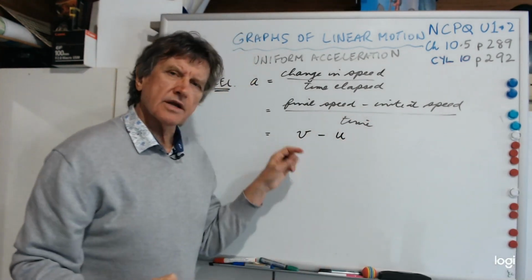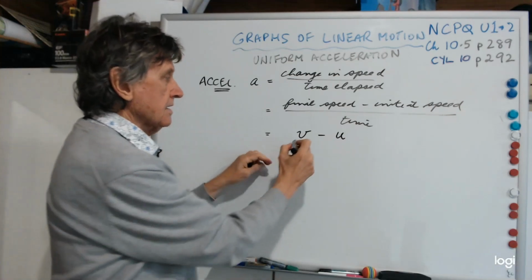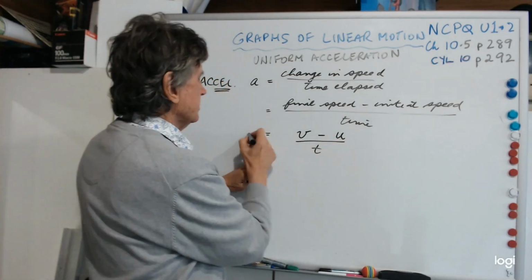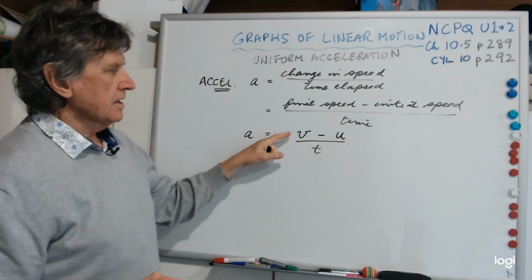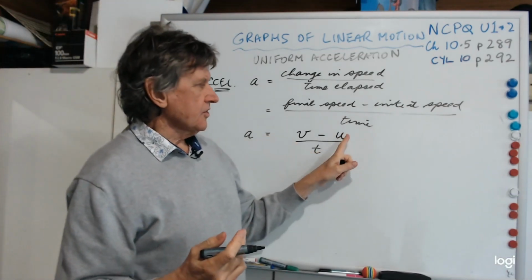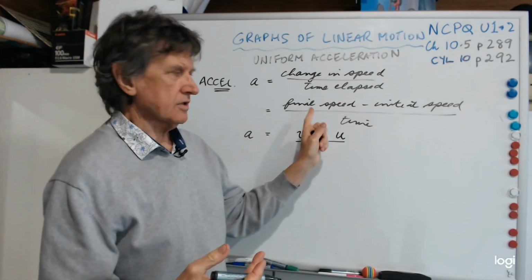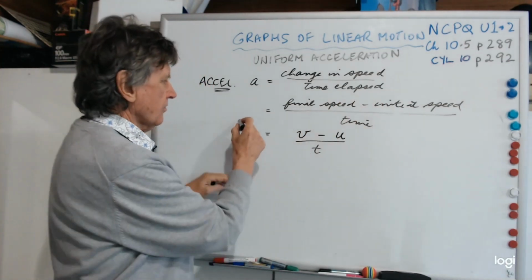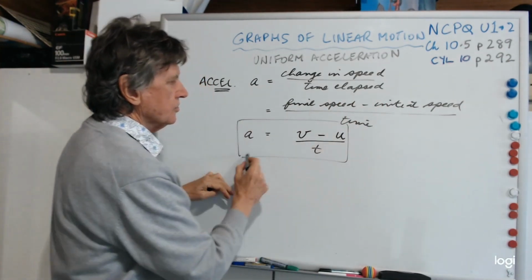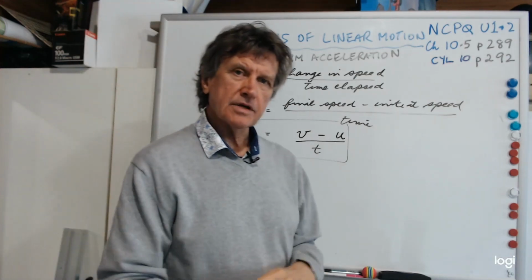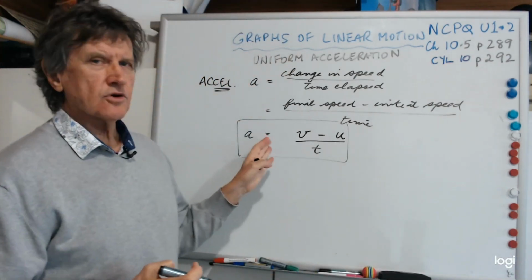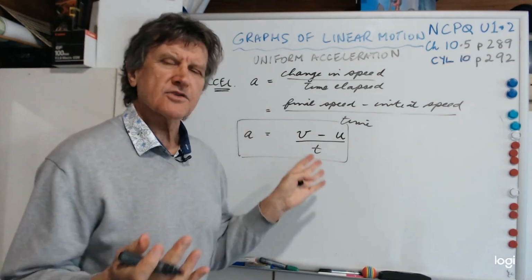Now you would have learnt that in grade 10, so that's nothing tricky, over t. So a equals that. The simplest way to remember it is u comes before v in the alphabet, so initial comes before final. When you do your end of unit exams, you'll have a formula book and that'll be in it. So you don't have to learn these things.